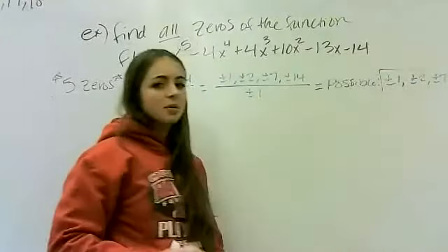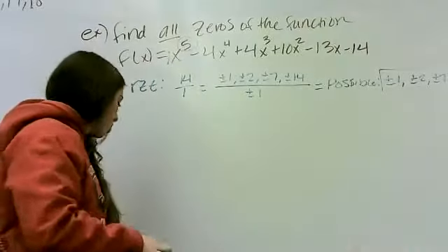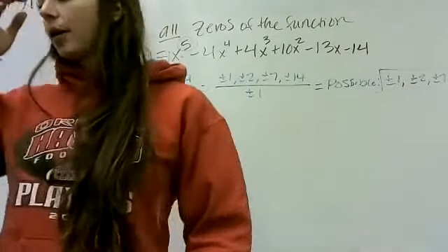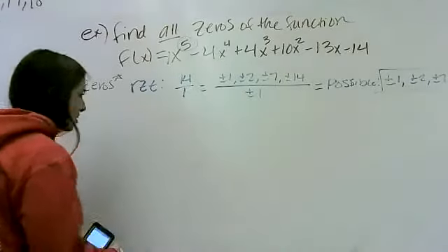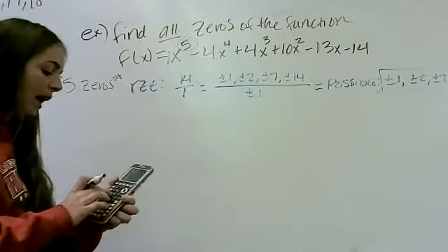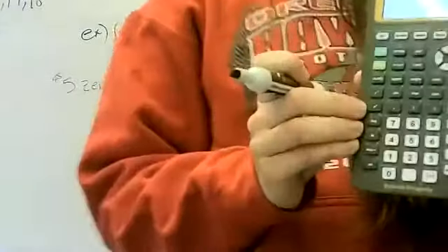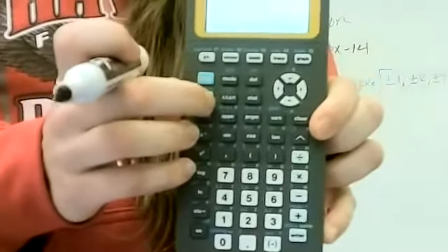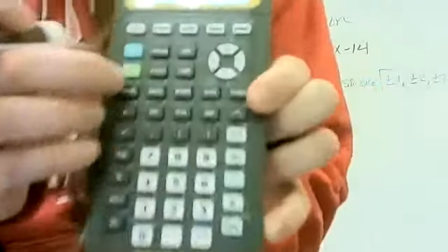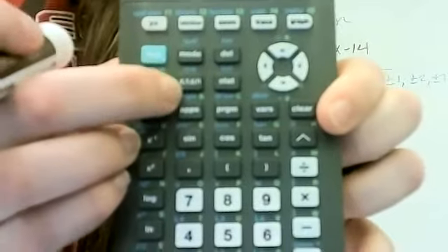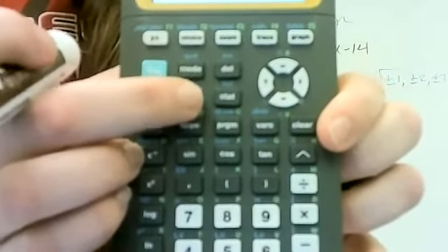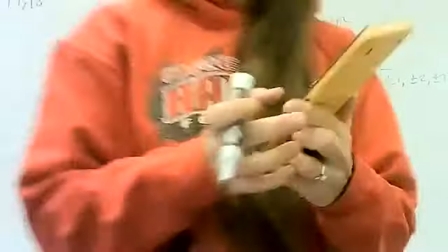So out of our possible zeros now, we want to find what are our real zeros. So we grab a calculator and we type this into our y equals. One thing that some people had a question on in class that I want to show you is if you're trying to find how to put an X in, you use the button, and this is a little bit fuzzy, but it goes mode X,T,theta,n. This button will get you an X to pop up in your y equals.